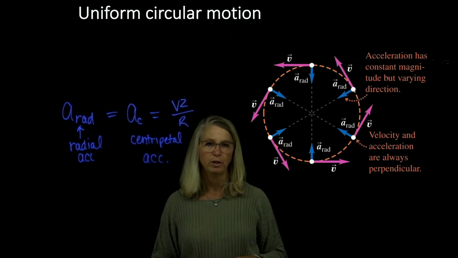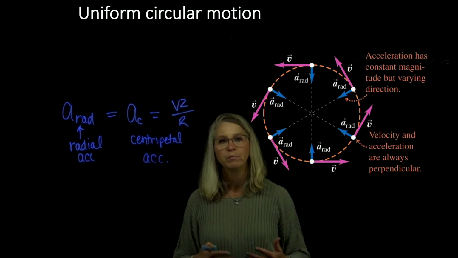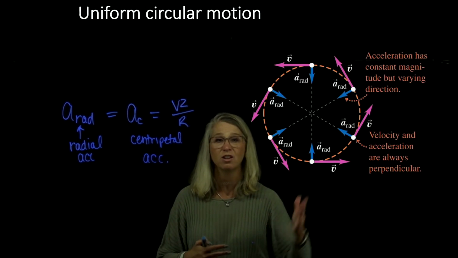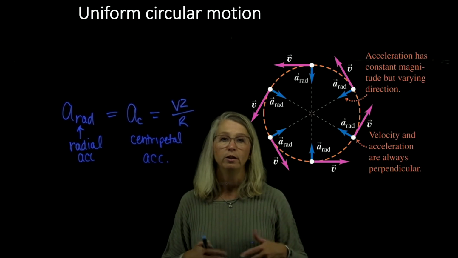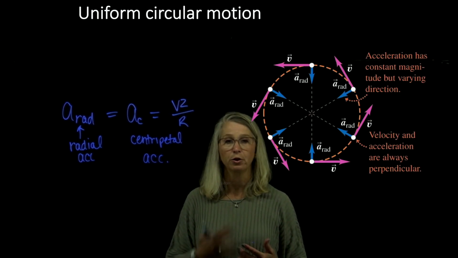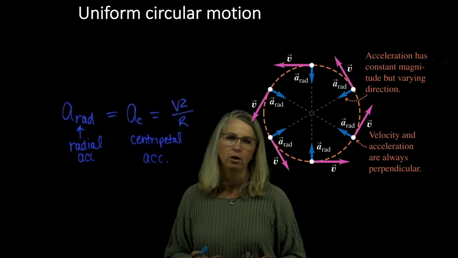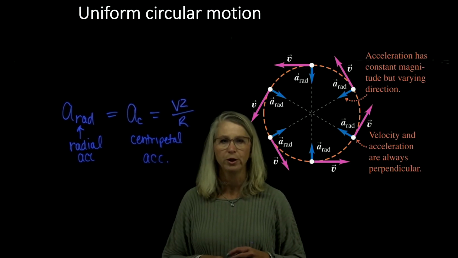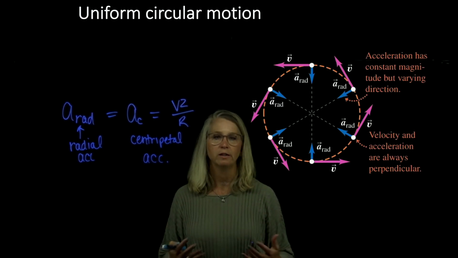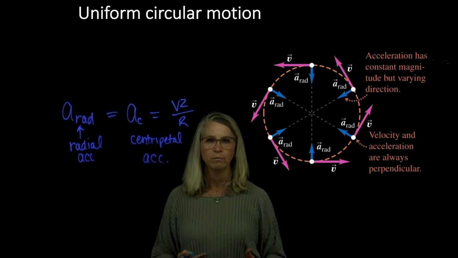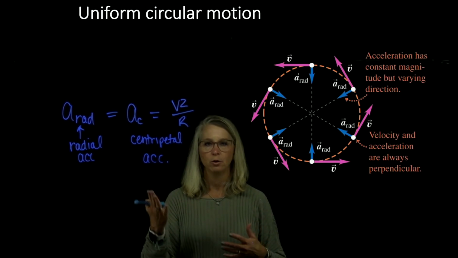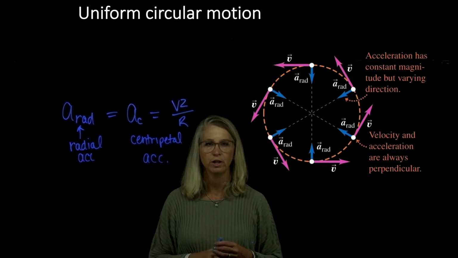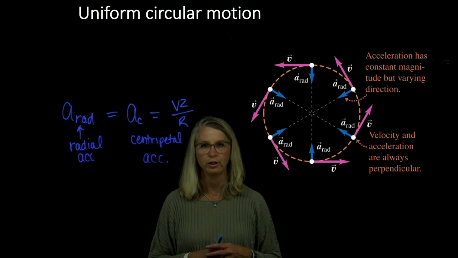In this particular picture, it's labeled as the radial acceleration, and that's because it's along the line that coincides with the radius of the circle. But we most often also call it centripetal acceleration. And so now we can completely describe uniform circular motion and know how we express the acceleration that is experienced during this type of motion.